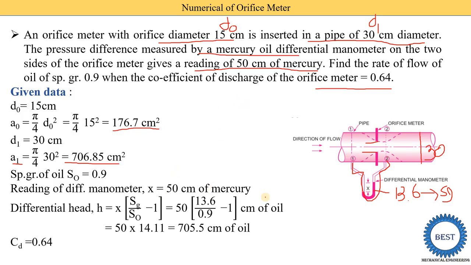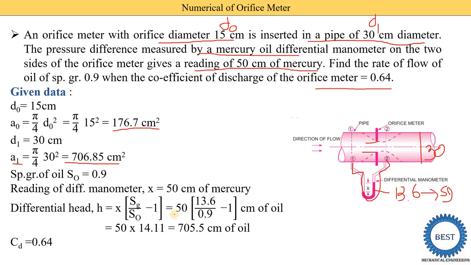Here the mercury difference is given between these two columns, it is 50 centimeters, but we need to convert it into centimeter of oil because it is a mercury oil differential manometer. For that we need to use this equation. H is equal to x in bracket Sg, means specific gravity of mercury, divided by specific gravity of oil, that is So, minus 1.